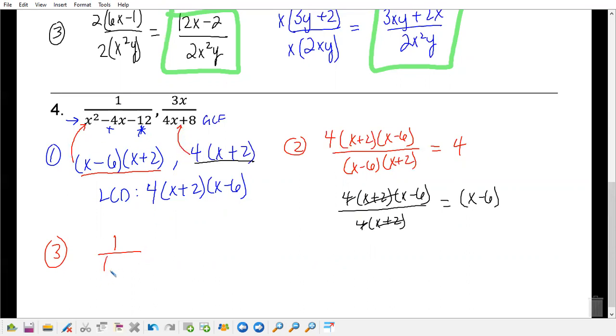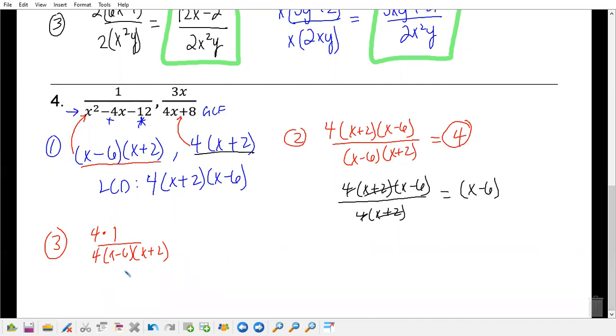So I have 1 over x minus 6 times x plus 2, and I'm going to multiply the numerator and denominator by the quotient that I got, which was 4. The numerator times 4 and the denominator times 4. And that's going to leave me with 4 over 4 times x minus 6, x plus 2.